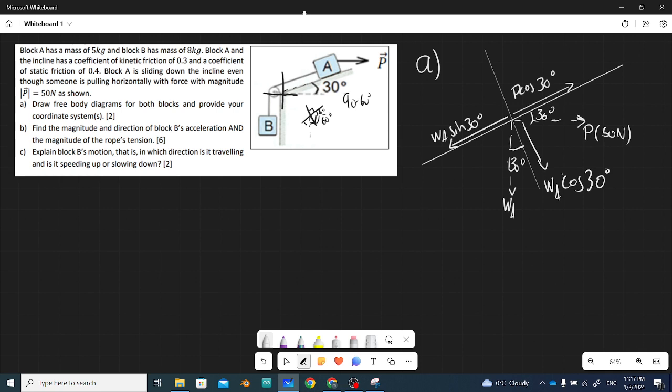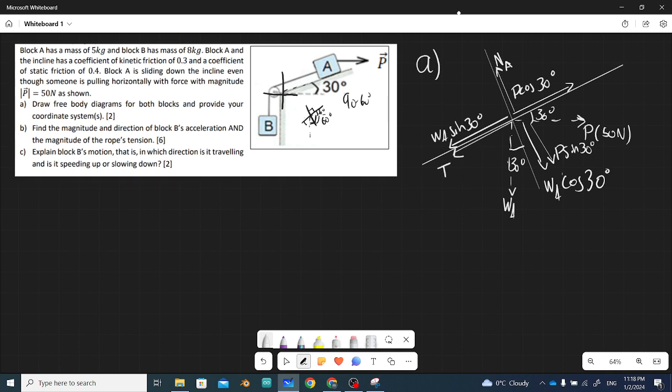And I'm also going to put it in the y, so this would be P sine of 30. All right, now we also have the normal force. Normal force is always perpendicular to the floor or whatever it's in contact with. I'm just going to make it normal of A, so NA. There's also tension, we can't forget that. So there's tension here.